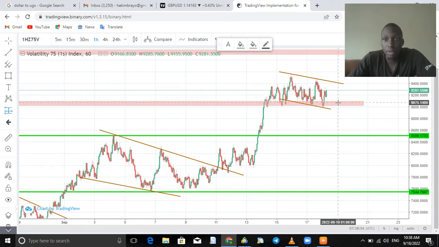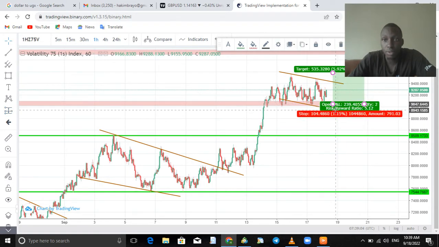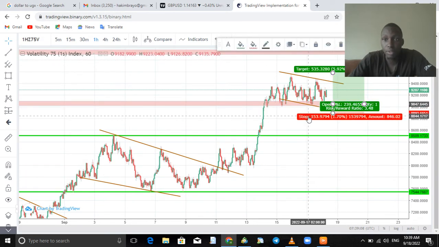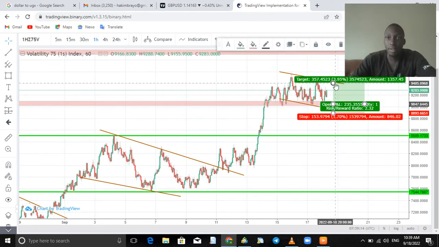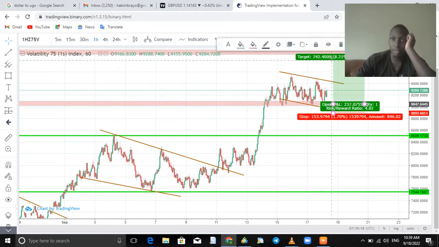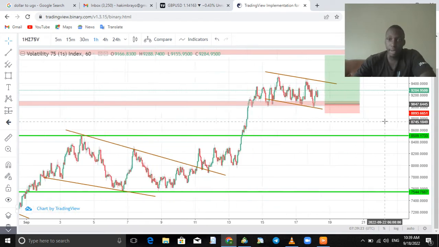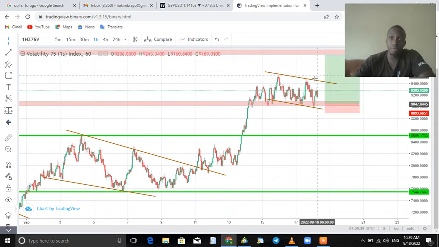Now this was our entry on this double bottom, and stop loss is already below the support level, because if we break this support level, that means it's no longer a buy, it is a sell, and this is going to be our first TP. But the overall TP is here on the next zone. Why? Now we are expecting buyers to accomplish this setup. After, we shall see prices breaking up this setup and continuing to the upside.